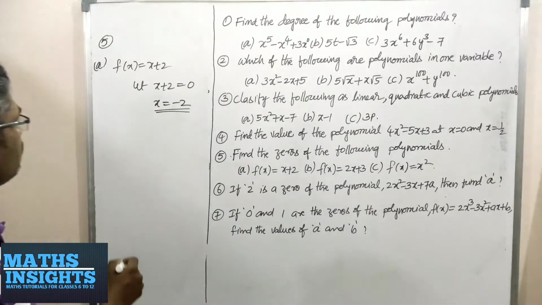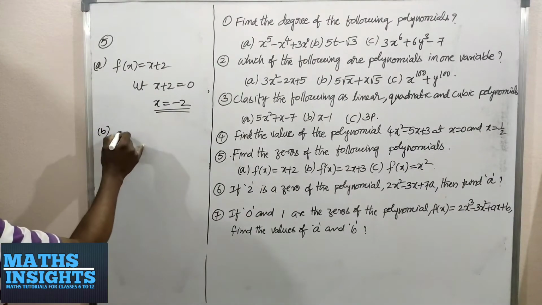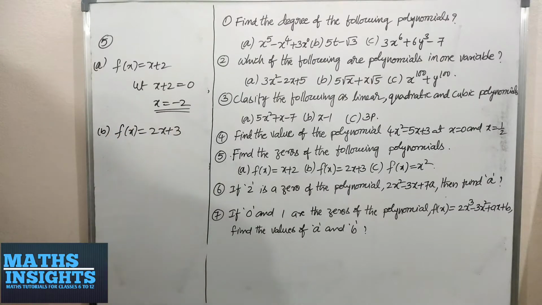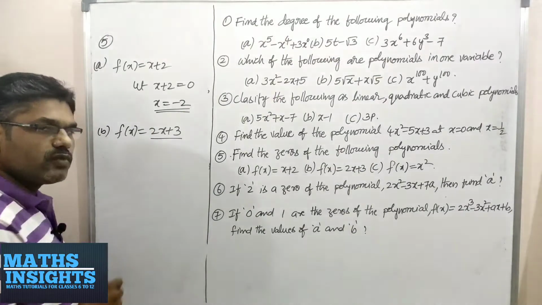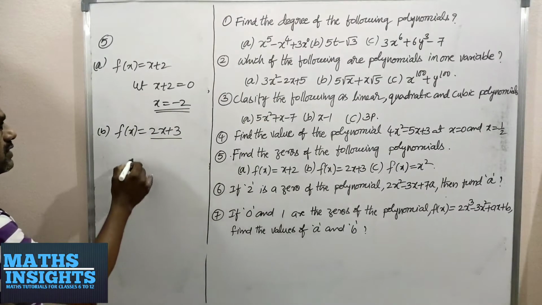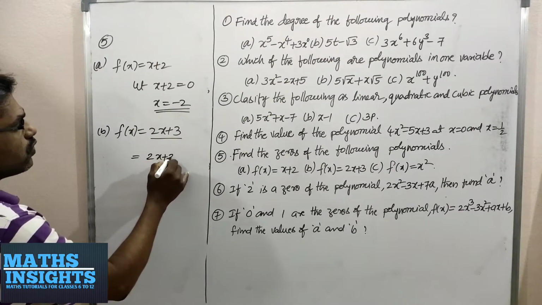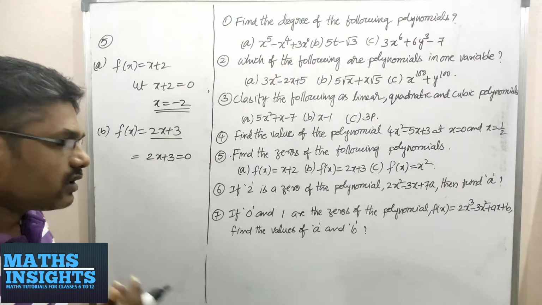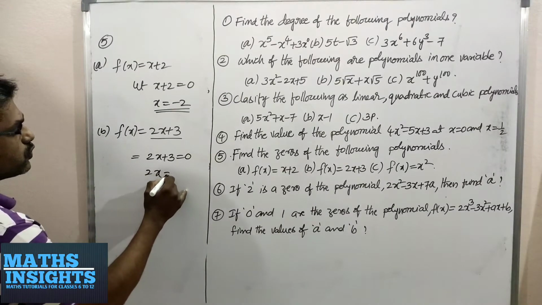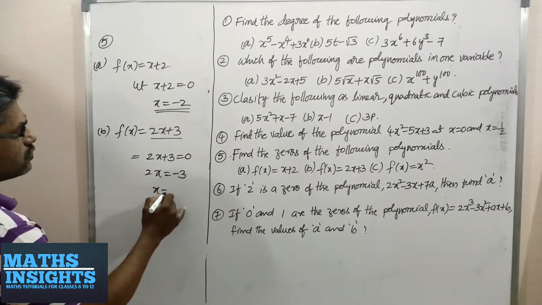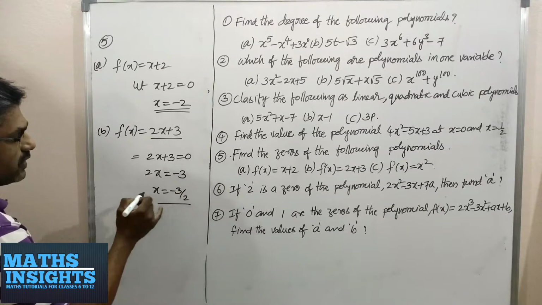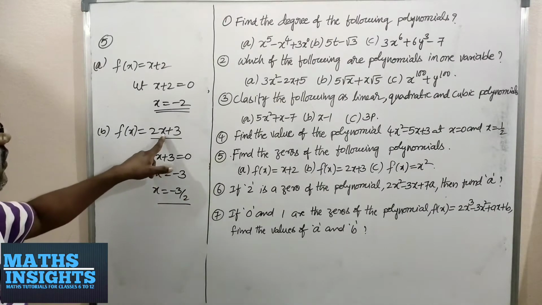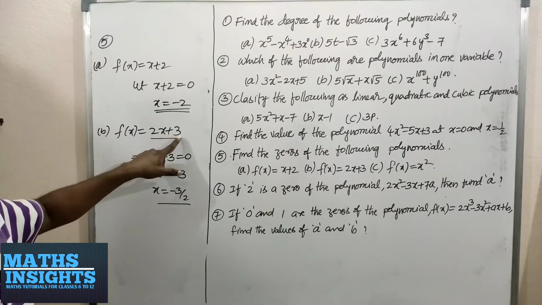Similarly, if you see the second one, that means b, f of x is equal to 2x plus 3. So this value is to be 0. That means you have to equate to 0 and we will find the value of x. Therefore, 2x is equal to minus 3 and x is equal to minus 3 by 2. That means if you replace x equal to minus 3 by 2 in the given polynomial, you will get 0.